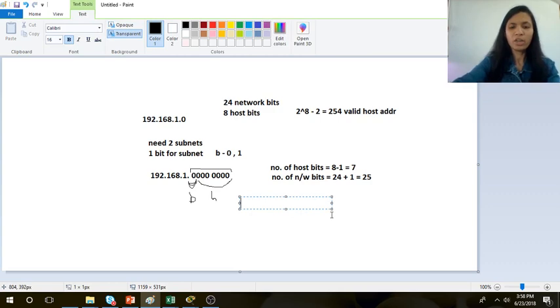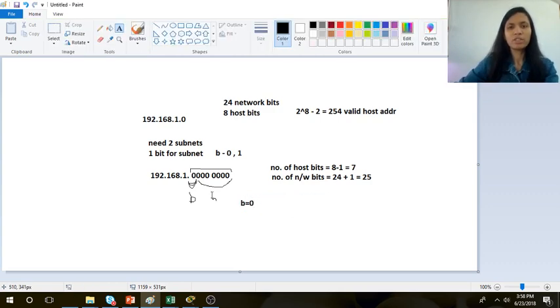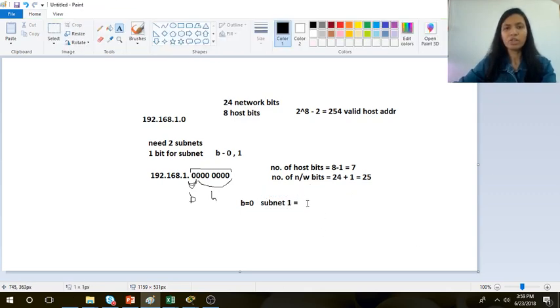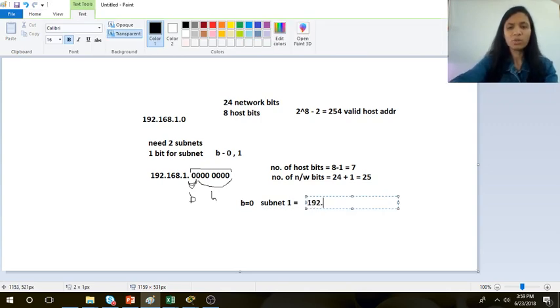When your subnet bit is equal to 0, that is going to be your subnet 1. This subnet 1 range would be 192.168.1 dot. The first bit is your subnet bit, so you are going to give the first place the subnet bit equal to 0, and the rest of the host bits, all 7 zeros.